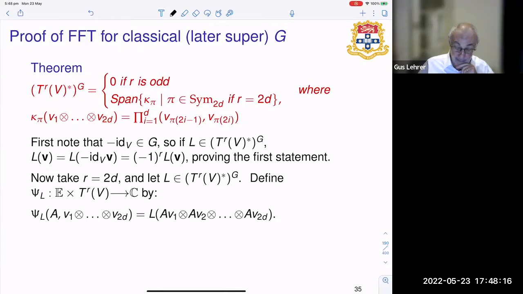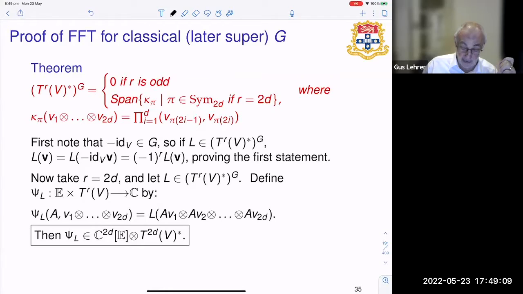So you can see from this that the degree of psi_L on A is 2D. To get this value, you are going to be multiplying together 2D elements of A. And the degree of L on the B_i is just 1. It's linear in the B_i.